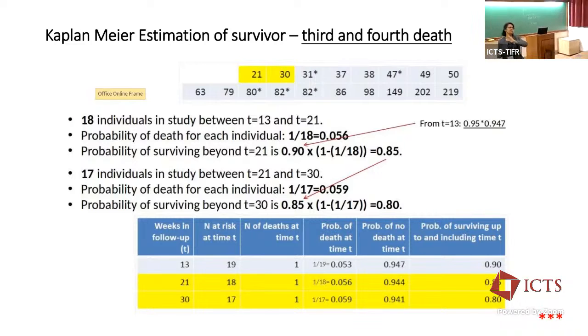Depending on what study you are doing, you use that data. Overall survival means the person dies of anything, but disease-specific survival will tell you that this person died of cancer.